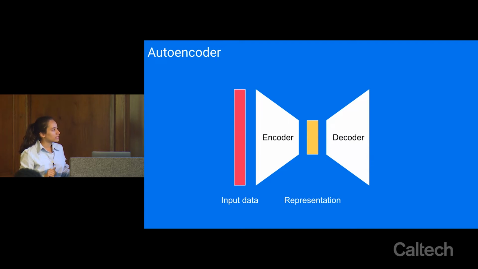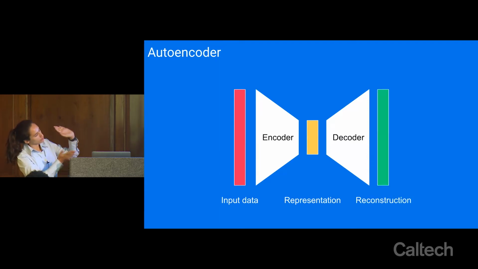And then what you're going to create is this idea, let's say it's called an array, which is a reconstruction. And the reconstruction is supposed to be a reconstruction of your input data. So it's going to be the same dimension, the same representation, the columns and rows mean the exact same thing. And the way that you train your encoder and your decoder is by seeing how well your input data matches the reconstruction.